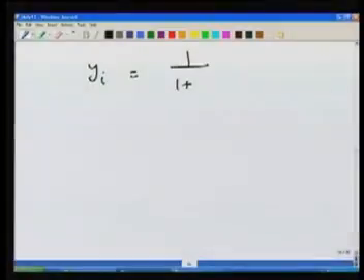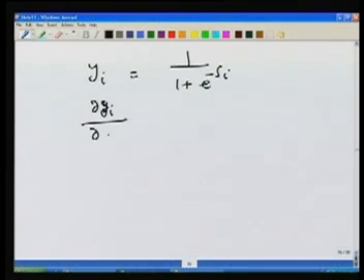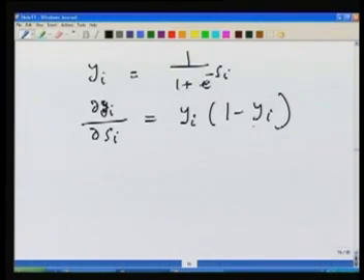If y I is 1 upon 1 plus e to the power minus s I, and we have already discussed this kind of activation function, if I differentiate with respect to s I, then I find the answer is y I into 1 minus y I. This we have already said. So, the rest is left with del s I by del w I j.